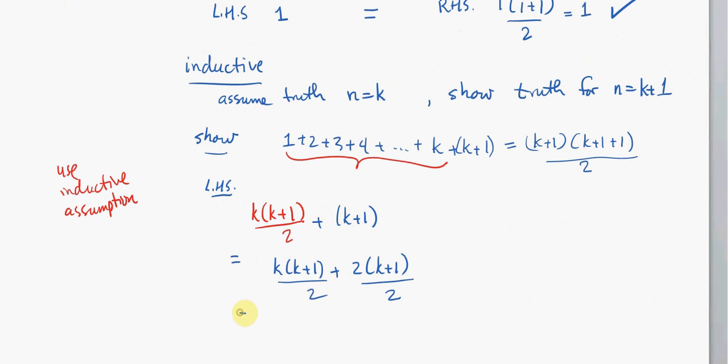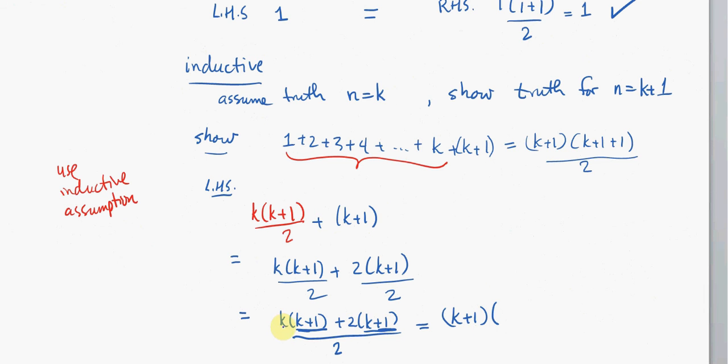Combine all of this together. It's k times k plus 1 plus 2 times k plus 1, all of this divided by 2. Rather than distributing and getting this all messy, we can just factor out k plus 1.